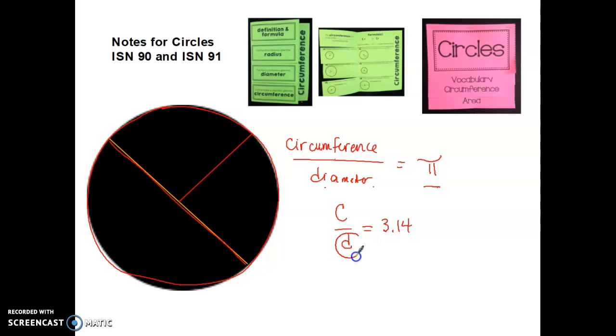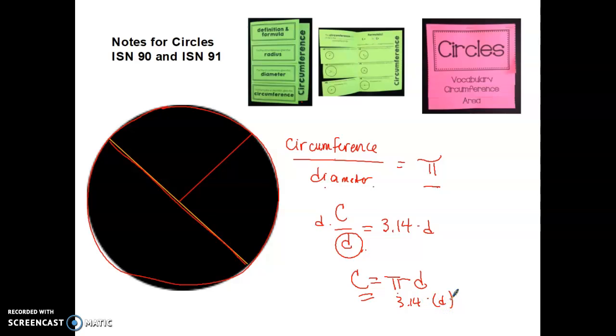When I am dividing by a number, to get rid of it in a one-step equation, I have to multiply both sides by whatever's in the denominator. So I get this formula: circumference is pi times the diameter. I can find the circumference, the perimeter around any circle, by multiplying 3.14 times the diameter.